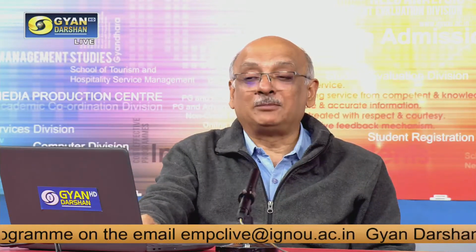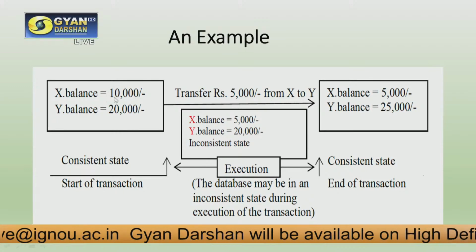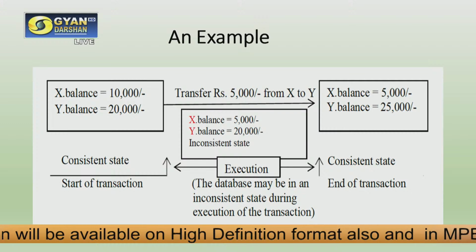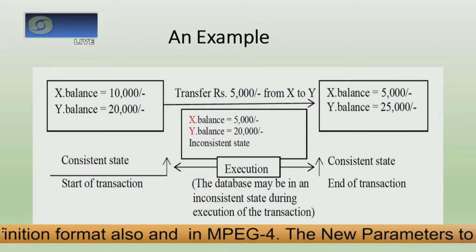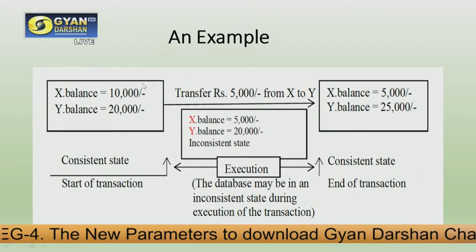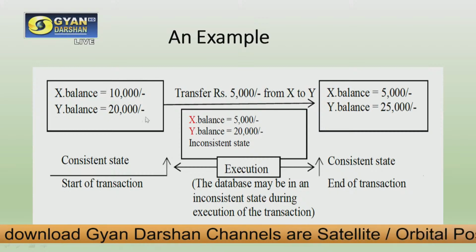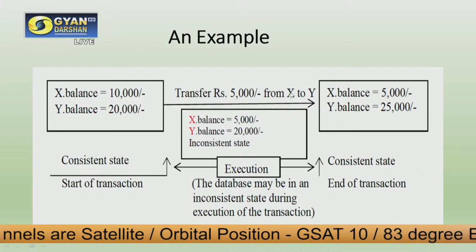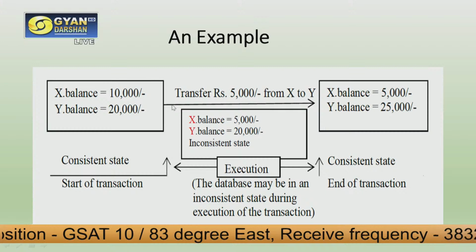Consider our example once again. Now in this particular case, if another transaction has to withdraw an amount of 5,000 rupees in parallel to this transaction which is going on, first of all, this transaction and its success or failure should not be known to the other transaction.